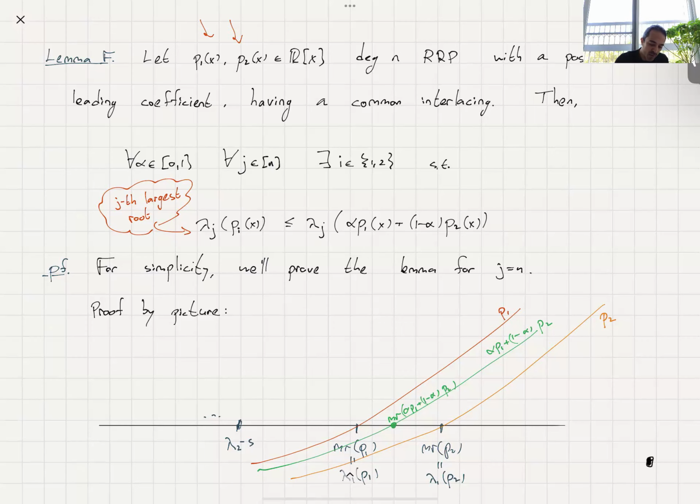So for every point in between, so for every alpha, and for every j, where j equals 1 is going to correspond to the maximum root, but higher j's are going to correspond to the other roots, there exists some i, one of the polynomials, 1 or 2, such that lambda j of P_i is bounded from above by lambda j of this alpha convex combination of these two polynomials.